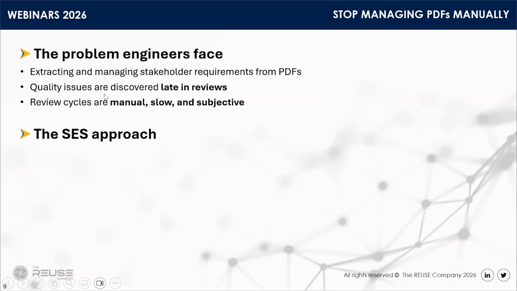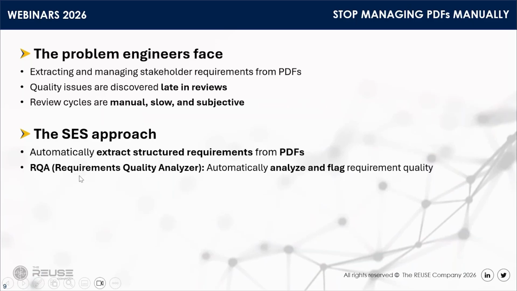How can the SES approach help to solve these problems? First could be automatically extracting structured requirements. Second, a requirements quality analyzer, focusing on automatically analyzing and flagging the quality of requirements.